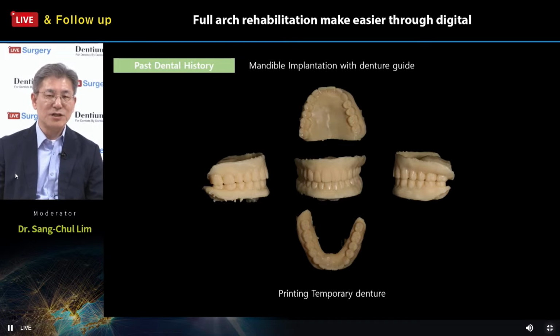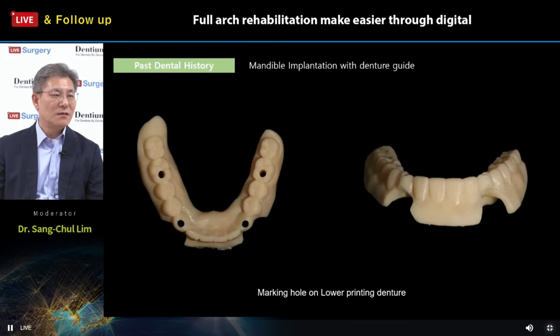Before the final restoration, we estimate and adjust all these teeth positions and the vertical dimension, and if we need, we can adjust the situation. So we can get the final restoration with the perfect situation.